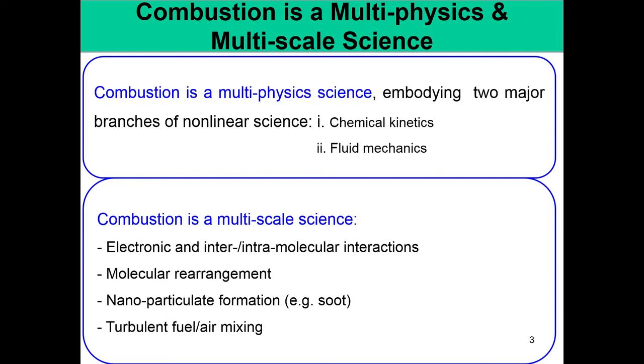The second important thing is that combustion is a multi-scale science. What we mean by multi-scale will be apparent in the next slide. But you see here, combustion is essentially something where you have reactants, then you apply some kind of a spark, and the reactants, which can be hydrocarbons, go to form products which can be carbon dioxide and water. This is our common perception of what combustion is.